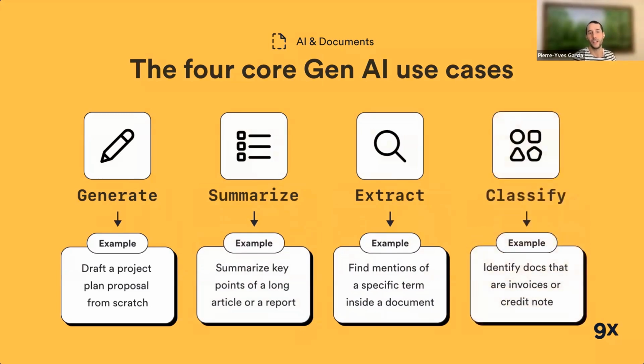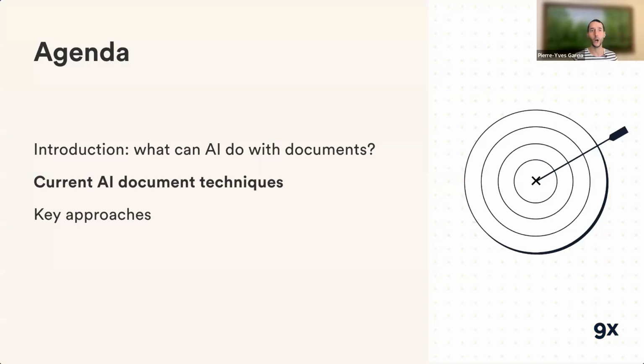And then finally, classifying. So identifying if a document is an invoice, a credit note, a signed contract, a proposal, etc. But actually, there's also a fifth use case now, which is becoming more and more common, which is actually all of the above. So performing any of these actions or functions, and a chain of these actions, to produce an end result.